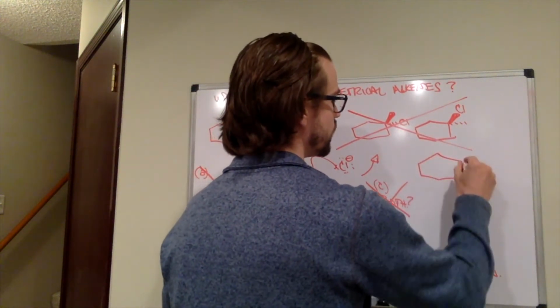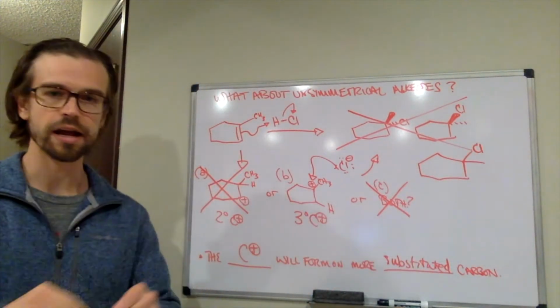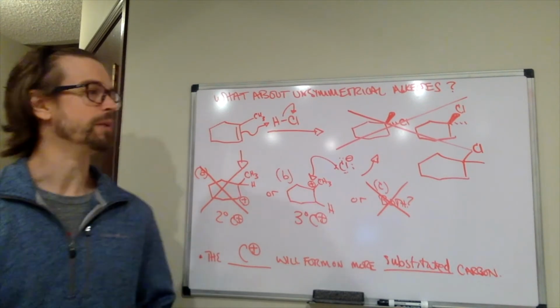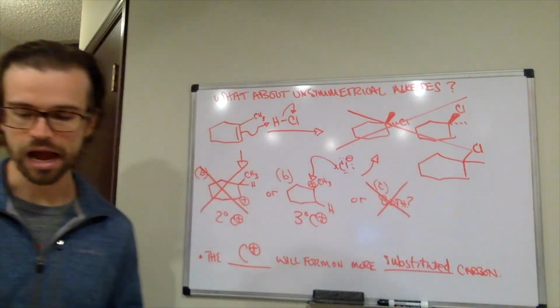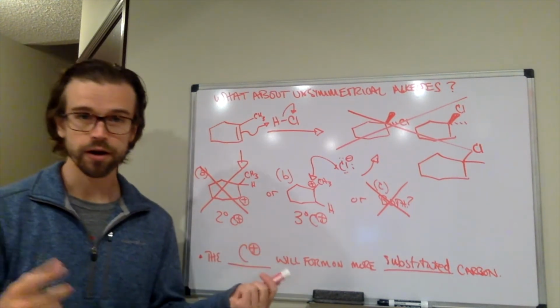So the only product that we would need to draw in here would be the chlorine and the methyl group with no stereochemistry implicated, because this is in fact not a stereocenter, and this is an achiral molecule. So that's what we would need there.